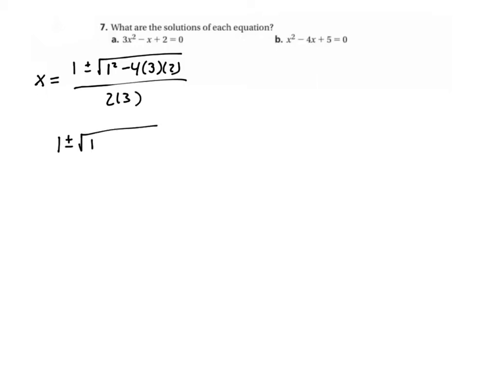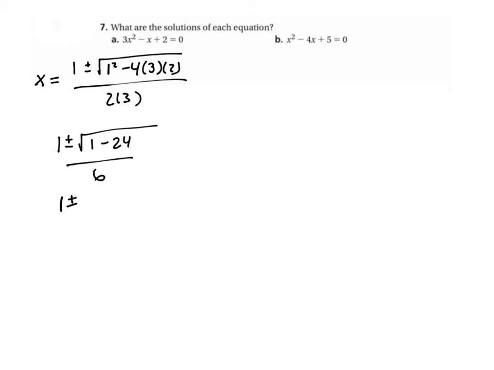Let's try A together, and then I'll let you do B on your own. So quadratic formula again, this will be 1 plus or minus the square root of 1 squared minus 4 times 3 times 2, all of this over 2 times 3. So simplifying it down, 1 plus or minus the square root of 1 minus 24. And so we've got that over 6.